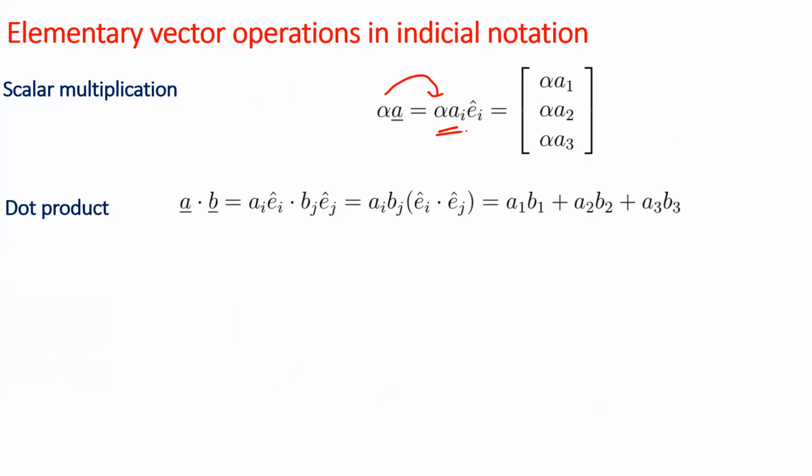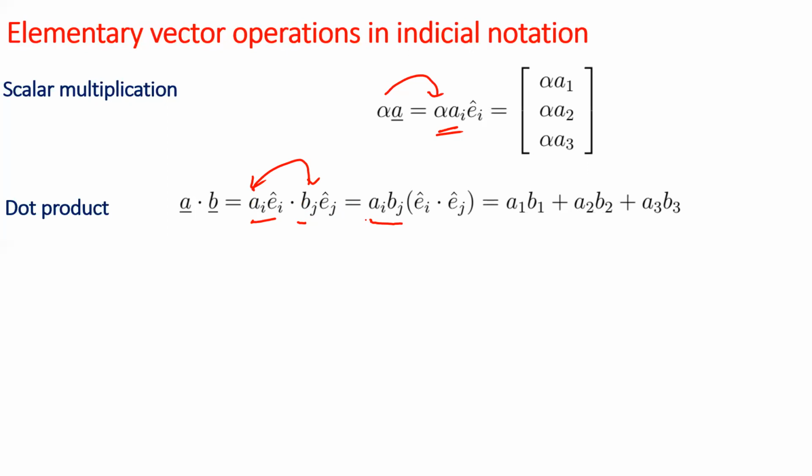The dot product, A dot B, I can write A as a_i e_i, B as b_j e_j. Right? a_i and b_j are scalars. Those are scalar components of a vector. So I can as well simply multiply them, a_i b_j.